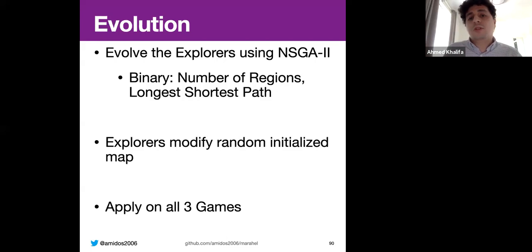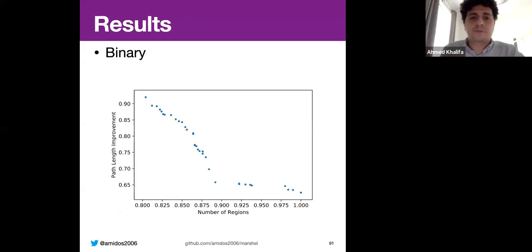We want everything to be connected, so we want the number of regions to be one. The second is the longest shortest path, which we want to increase in the level. Also, as you can see, the explorers need to modify something, so we decided to initialize the map randomly at the beginning, and we applied them to the same three games that the neural network worked on.